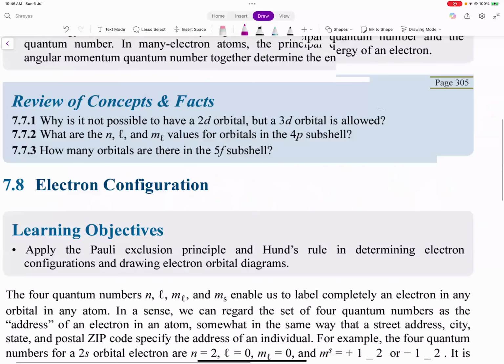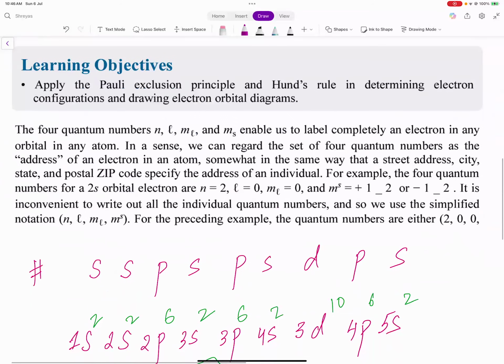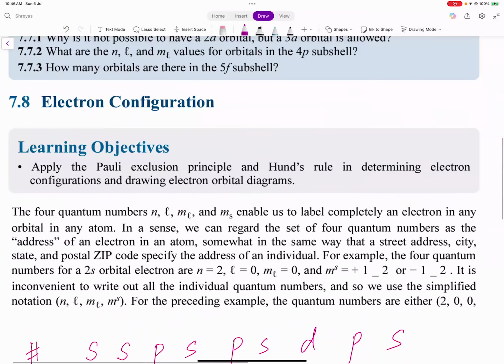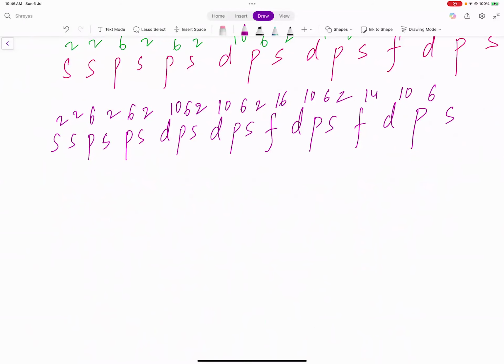Okay, now we'll come back to this. Now how do we write the electronic configuration? There are certain rules. This is the probable location of the electrons. Since we have defined an orbital as a region, we cannot pinpoint an electron.